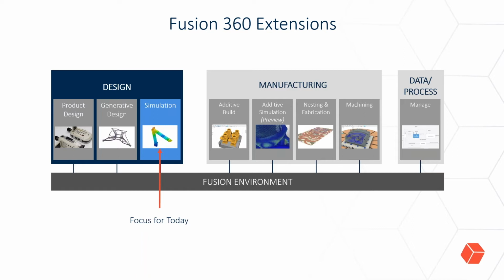The Fusion environment gives you access to different things you can do within the design, manufacturing, and data or process management parts of your cycle. Today we'll be talking about the simulation extension, but within design you've got product design as well as generative design. In manufacturing you've got the 4 that are shown there: additive build, additive simulation, nesting, fabrication, machining, and then you've got Fusion Manage that allows you to do your data management.